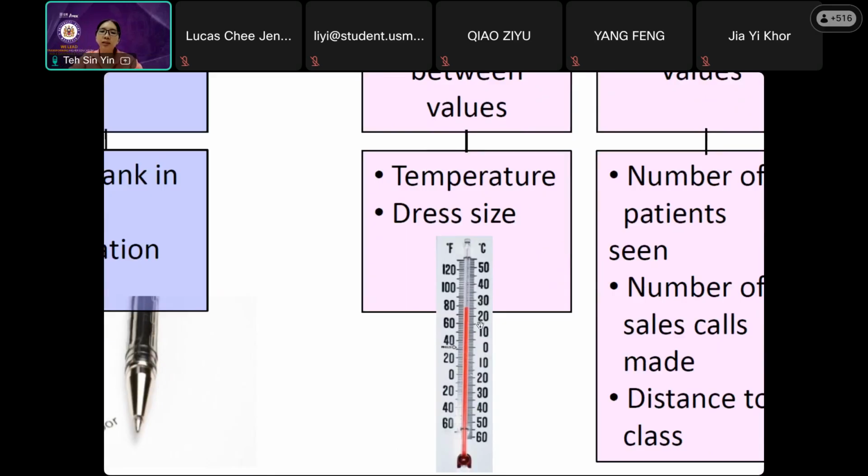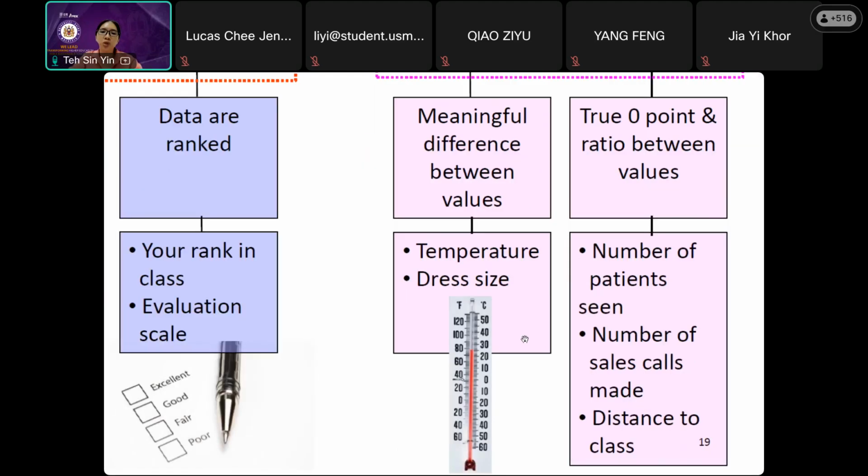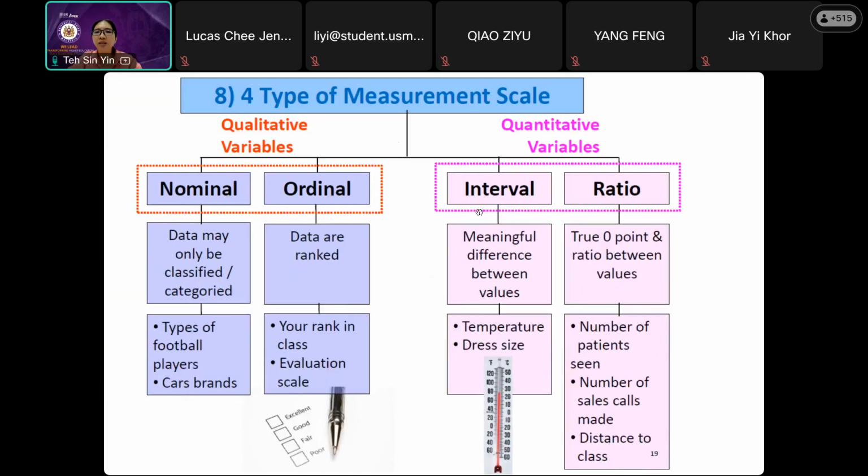So there is a difference between the units. The dress size, for example, S, M, L: small, medium, and large. There is a meaningful difference between the values. S means small, M means medium, large means bigger size. This is called the interval measurement scale.